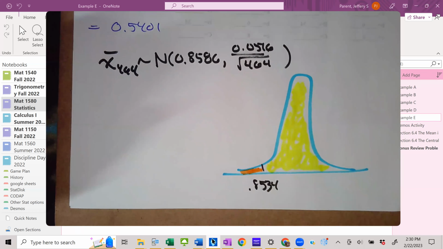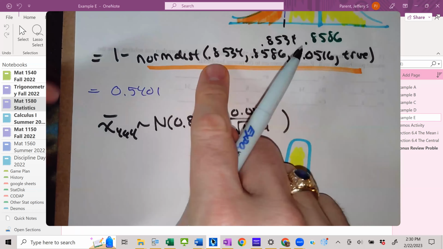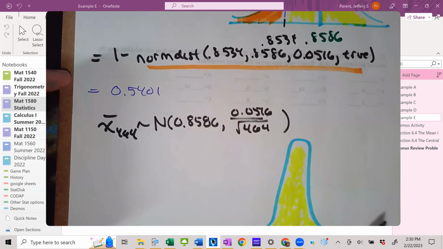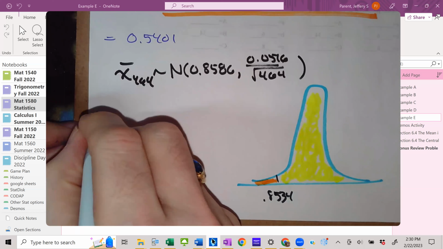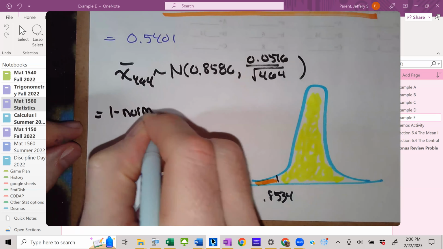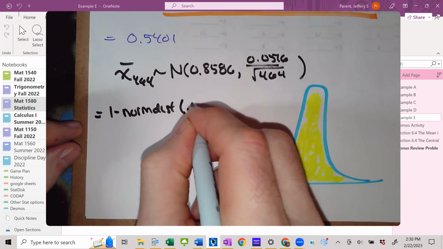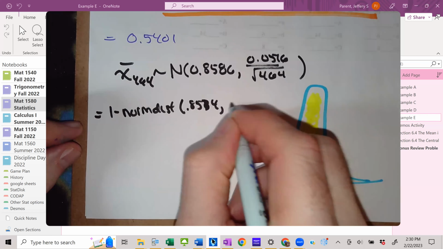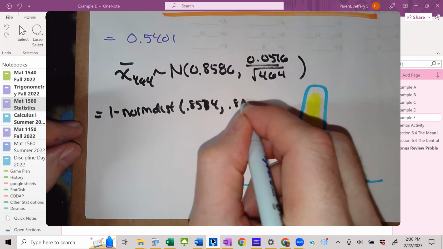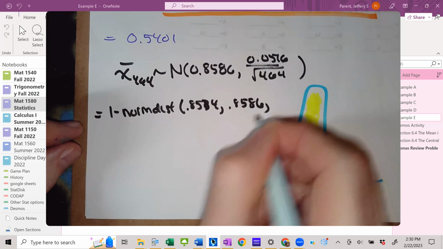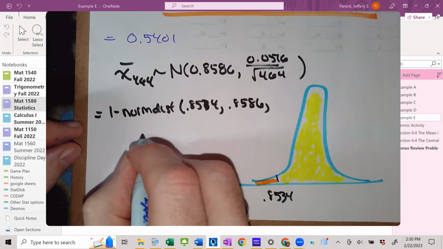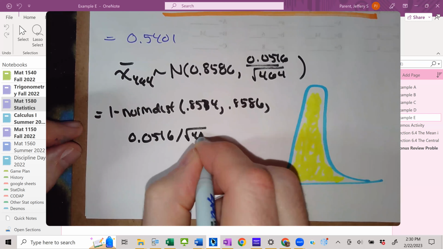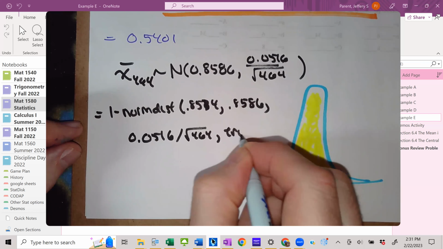The command for Google Sheets is still going to be pretty much the same. The only difference is that the standard deviation is now going to be divided by the square root of 464. It's going to equal 1 minus norm distribution of 0.8534, and then 0.8586, and then 0.0516 divided by the square root of 464, comma, true.